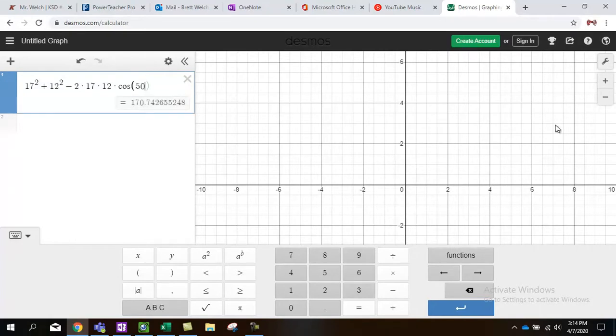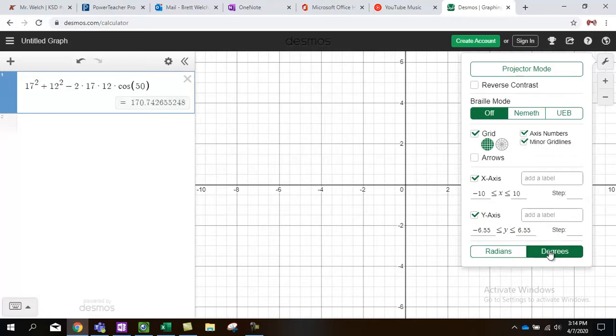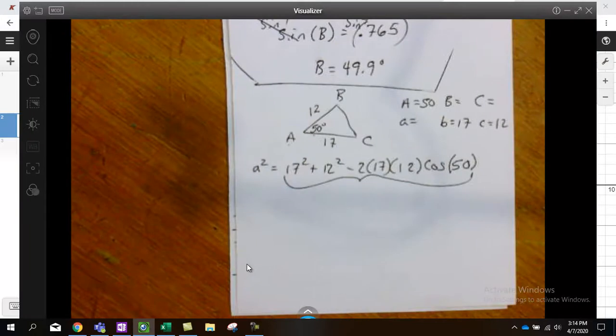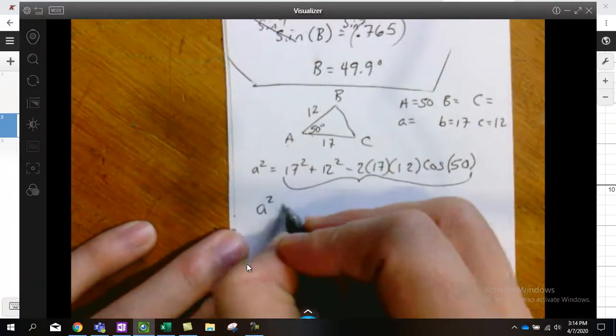Now, it is important. Make sure you've checked to put yourself in degree mode. If you're not in degree mode, you're going to have a problem. So I end up with 170.7.